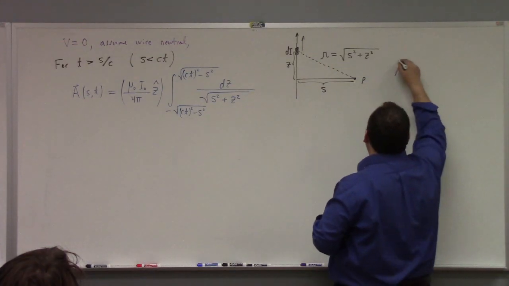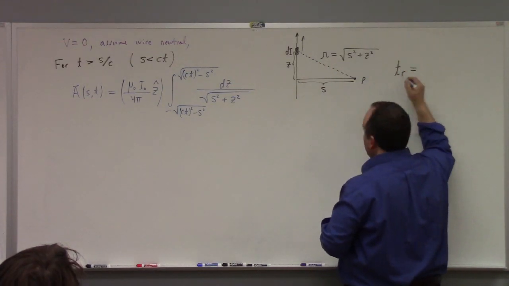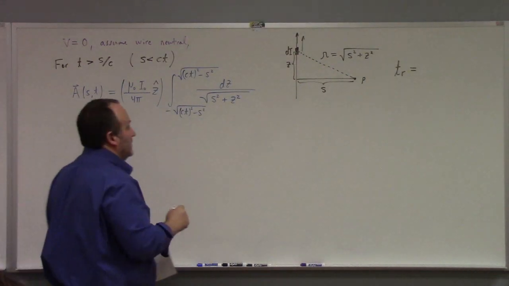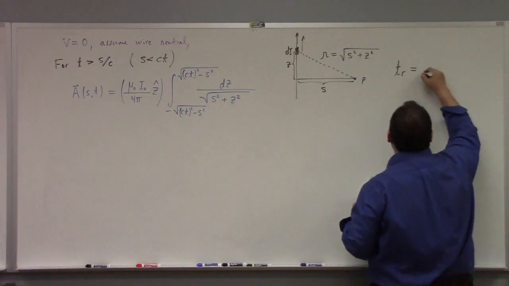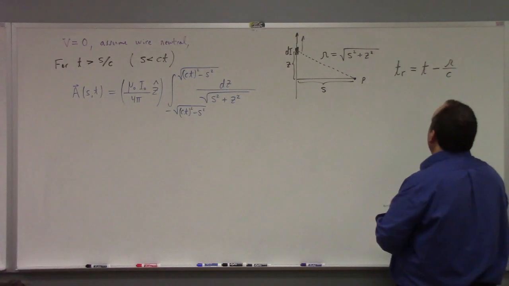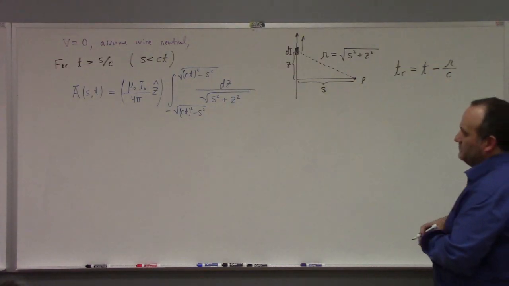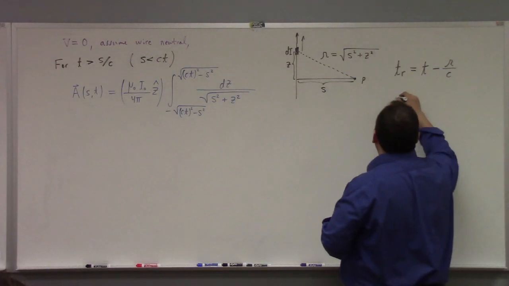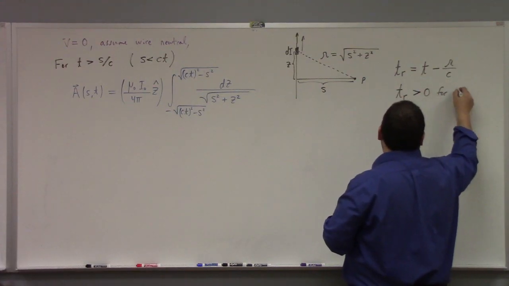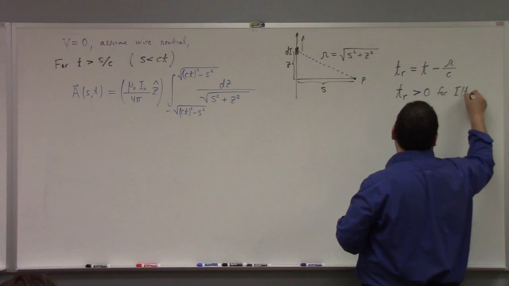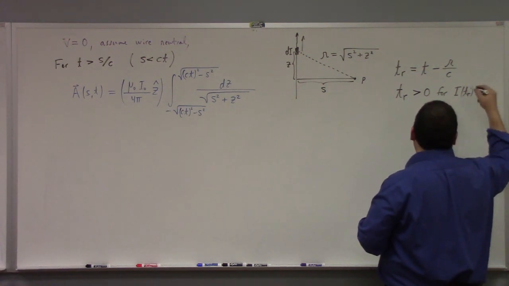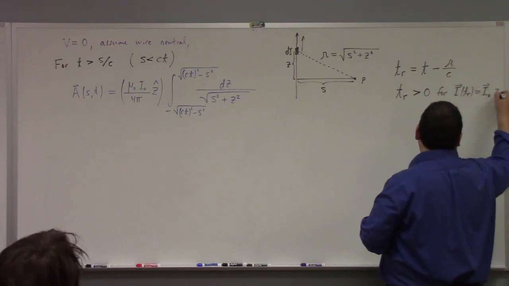And I guess we should think about the retarded time for a second here. t_r is t minus script r over c. So we need t_r to be positive for I of t_r to be equal to I naught z hat.